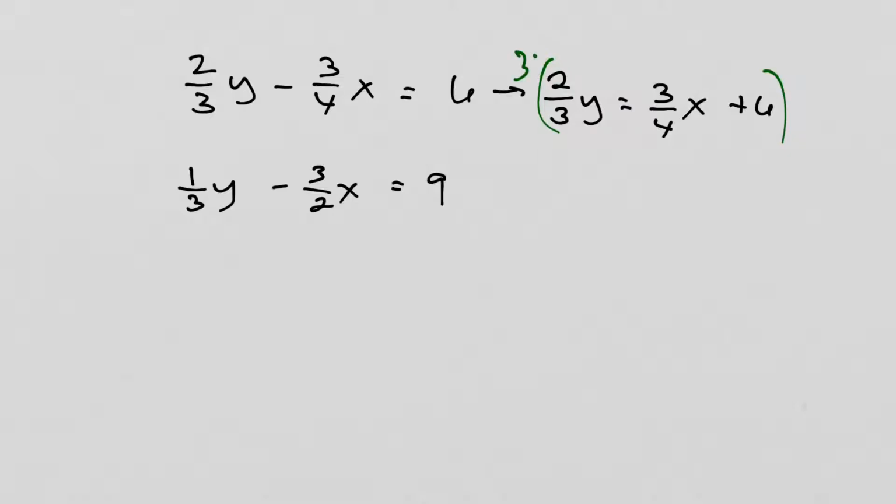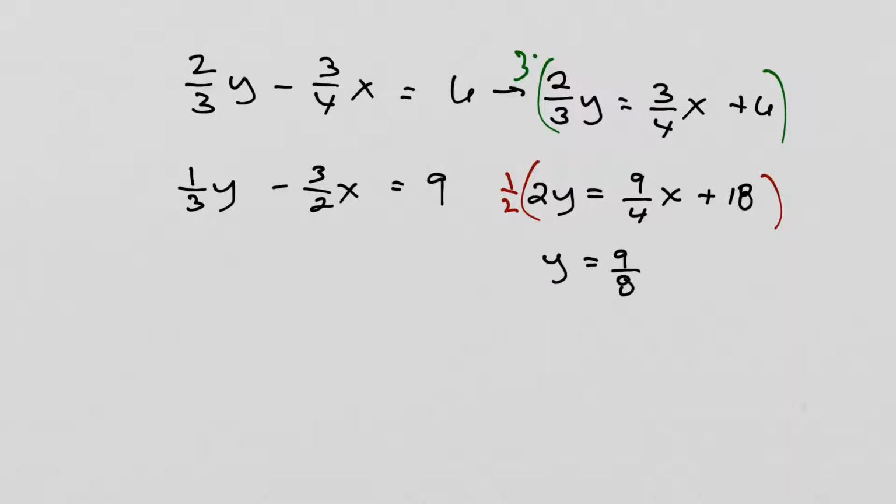That'll give you 2y equals 9 over 4 x plus 18. Then to solve for y, I can multiply both sides by 1/2, and that gives me y equal to 9 over 8 x plus 9. So that is equation number 1.